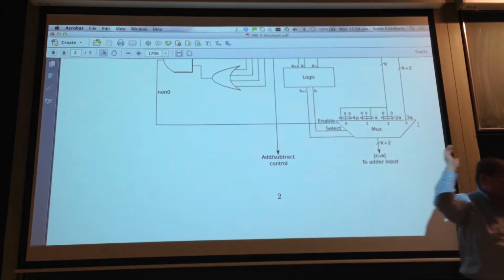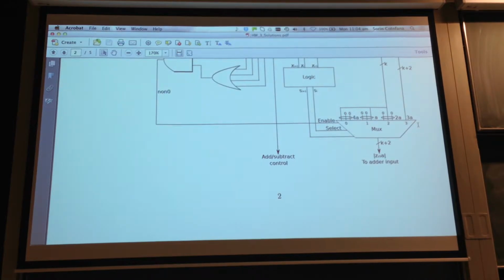Okay? Another thing is about the generation of A, 2A, 4A, and 3A. Now, A is just what I have. 4A is A padded with 2 zeros at the end because it's like I'm shifting it in position.